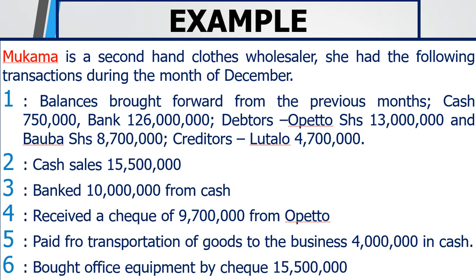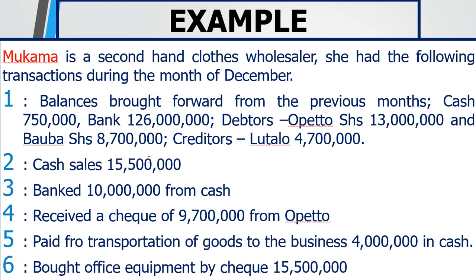If they made sales, let's assume someone made sales on credit to Opeto. That transaction that led Opeto to become a debtor was a credit transaction, and therefore Opeto won't be recorded in the books unless Opeto is paying back. If that is the case, then cash will increase and we shall debit the cash column of the cash book. Or if Opeto is paying by check, then we shall debit the bank column of the cash book.